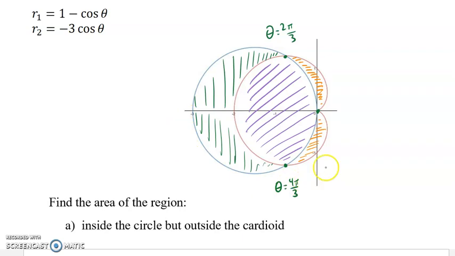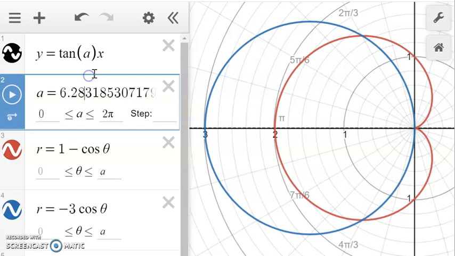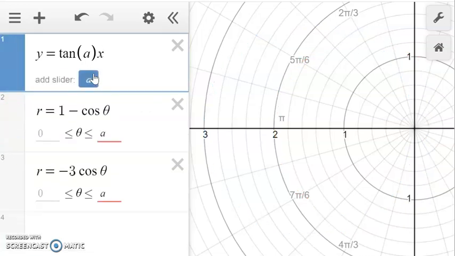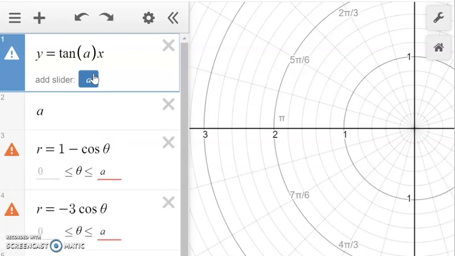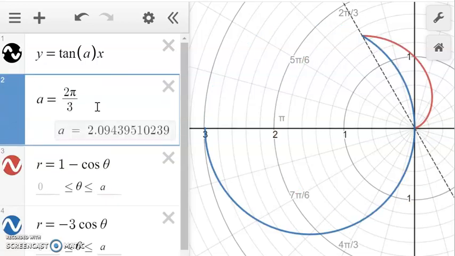And we can just double check that in our animation. If we start at 2 pi over 3, oops, too far. Undo. Control Z is a godsend. 2 pi over 3. All right, so that's when we're about to start creating the crescent.